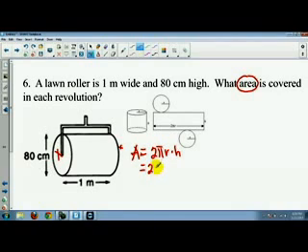So we will now have 2 times pi multiplied by 40, half of the diameter, multiplied by the height, which is in meters, so we just convert it into 100 centimeters. Let's use centimeters first.